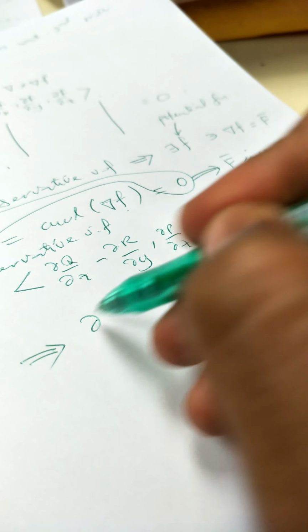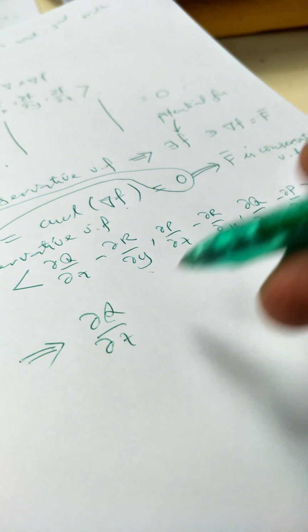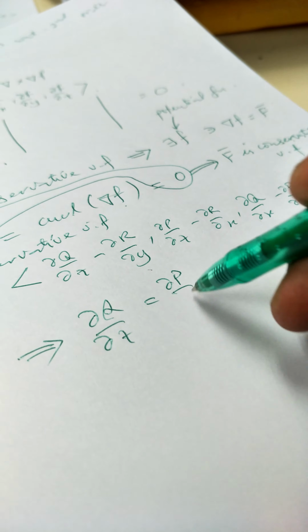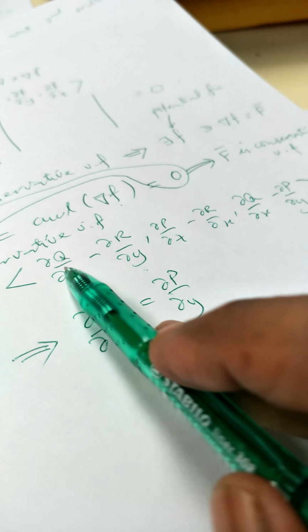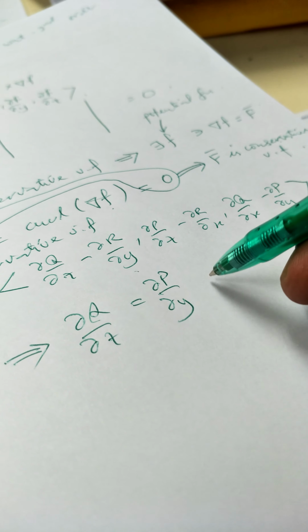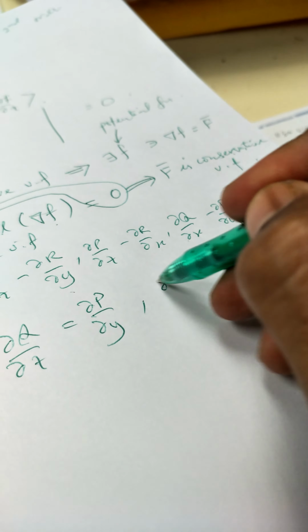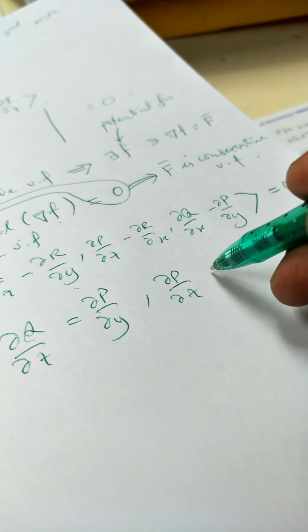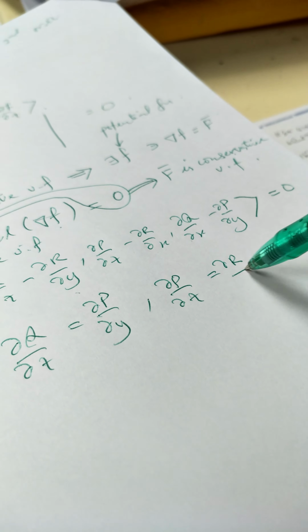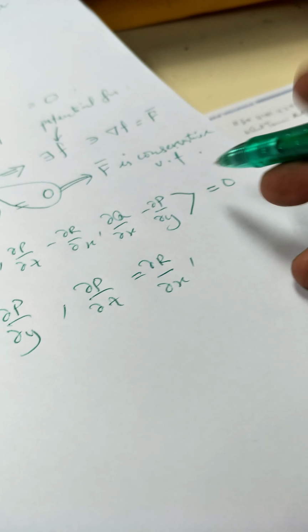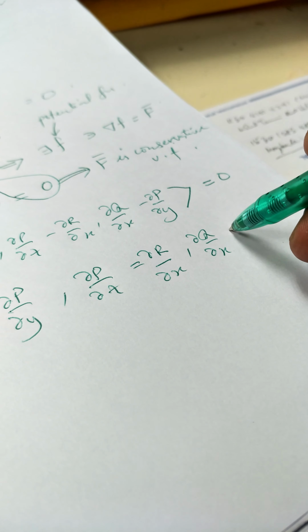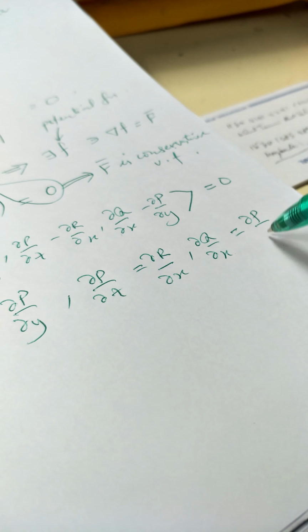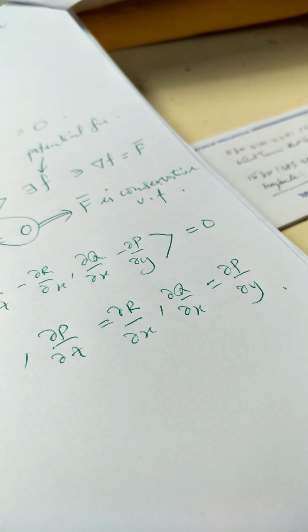Then we find that del q del z is equal to del r del y, del p del z is equal to del r del x, and del q del x is equal to del p del y.